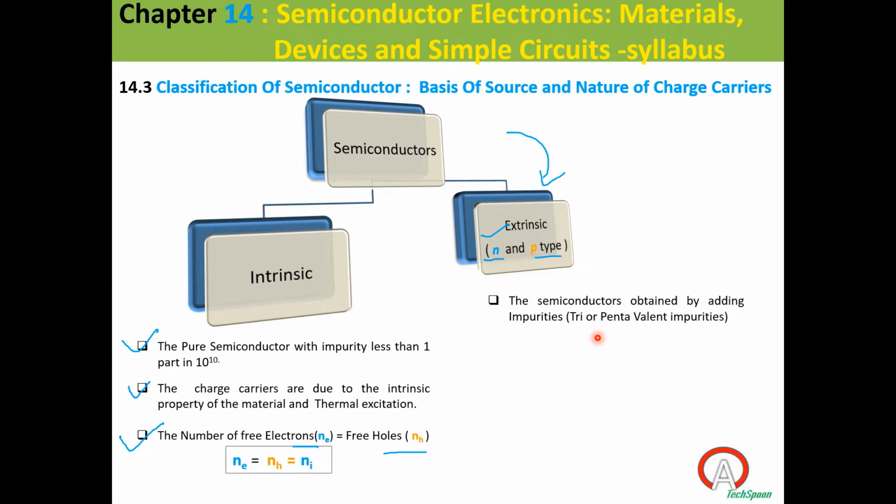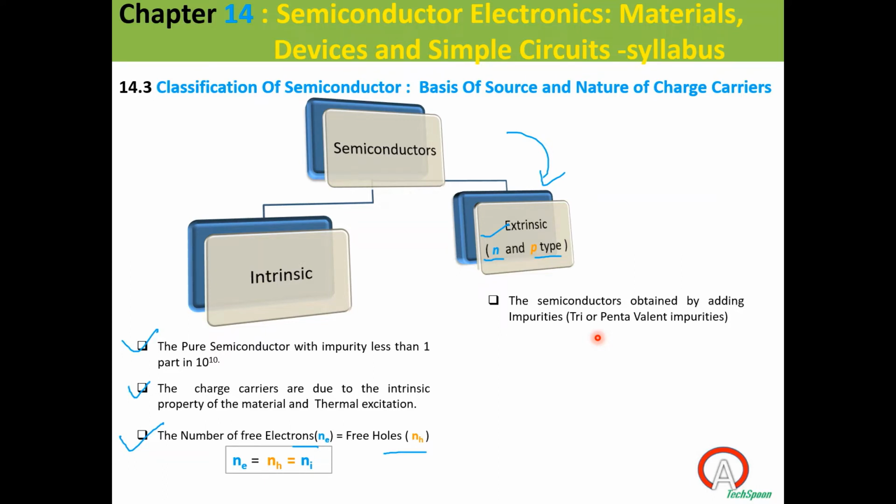Okay, so let me ask a question then. What is the difference between intrinsic and extrinsic semiconductor? Sri Lashmi, what is the main difference when you hear that this is intrinsic, this is extrinsic?